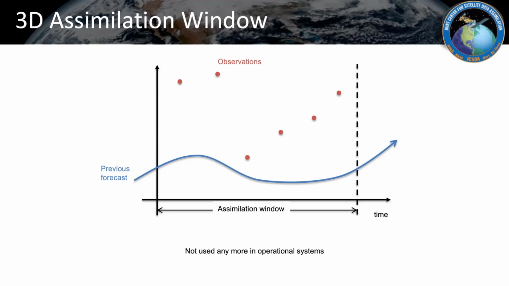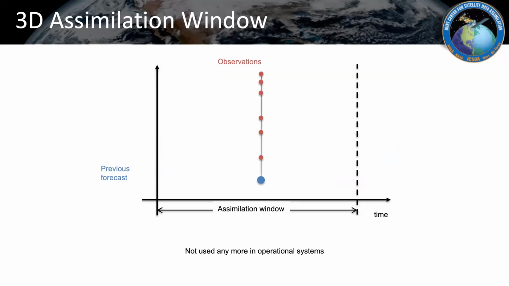Now, a 3D assimilation window is you start from the same point. You have your assimilation window, your forecast, your observations. But what you do is that you only consider the forecast in the middle of a window, and you bring all the observations, you neglect the time difference, and you bring everything at the time at the center of the window, and you do your assimilation that way.